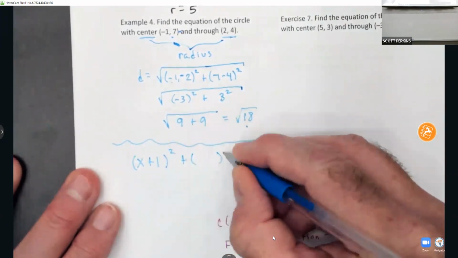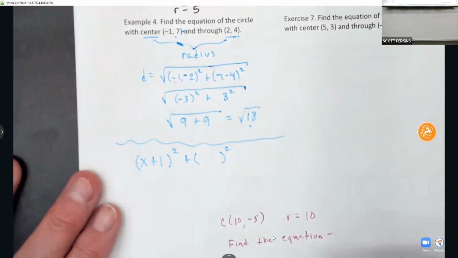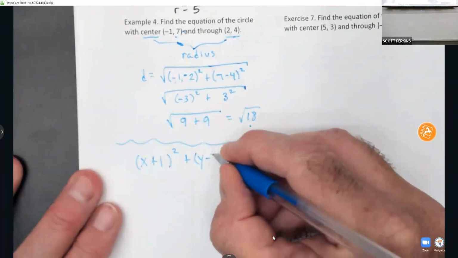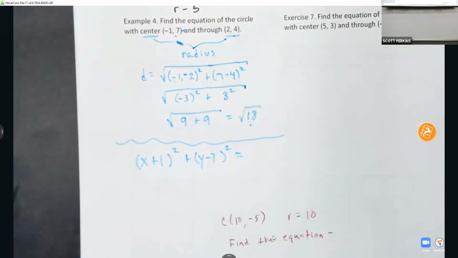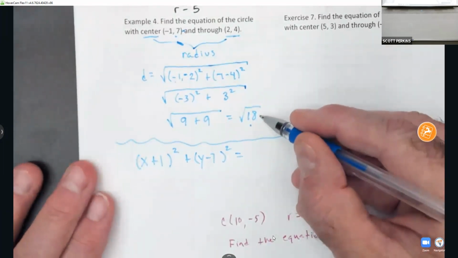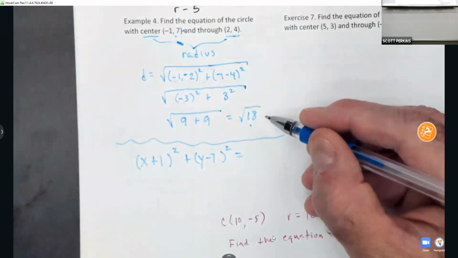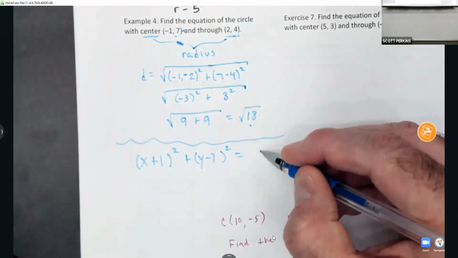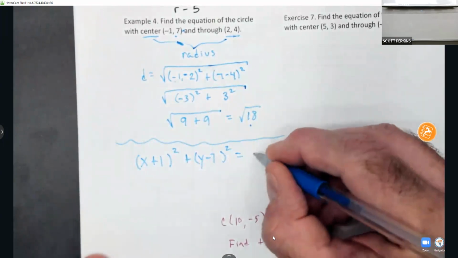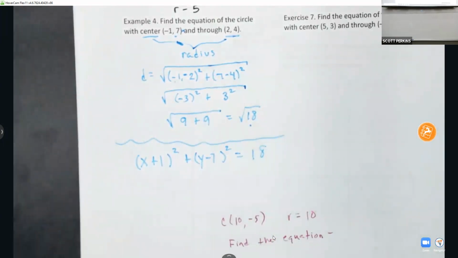And then in my second binomial, I've got my y's. So I have y and then what? -7. And then remember, the other side of the equation is the radius squared. So if the radius is square root of 18 or 3 square root of 2, if you simplified it, then what do I get when I square that? 18. And we're done.